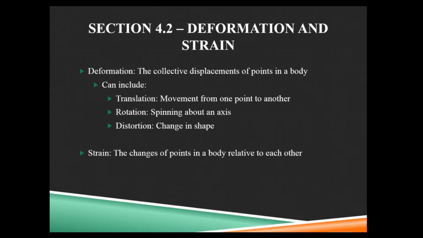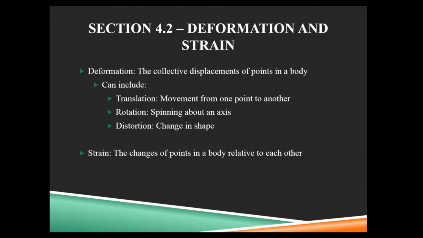Now, strain is the changes of points in a body relative to each other. So if part of it rotates and part of it doesn't, you now have strain. If part of it translates and part of it doesn't, you have strain.